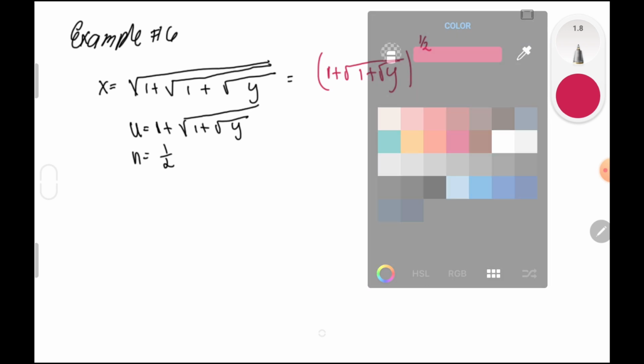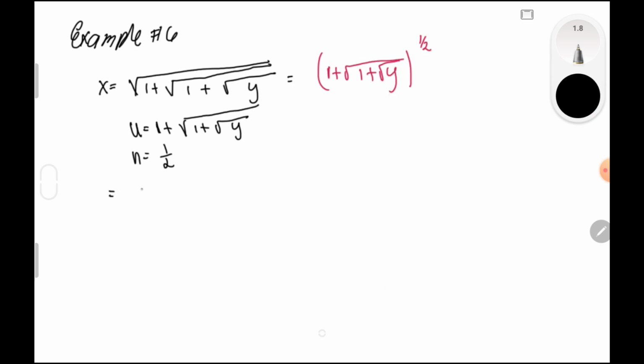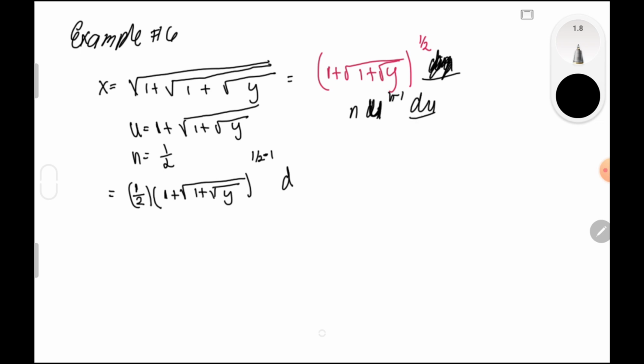Okay, so from this we'll have 1 half multiplied by 1 plus square root of 1 plus square root of y raised to 1 half minus 1 multiplied by the derivative of our u, n u raised to n minus 1 du over dx, di ba? So u is equal to 1 plus square root of 1 plus square root of y with respect to dy.